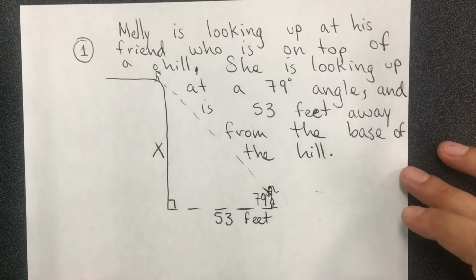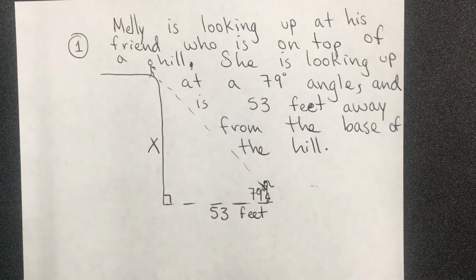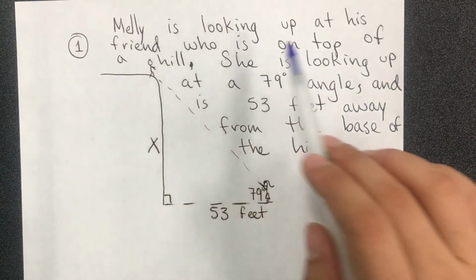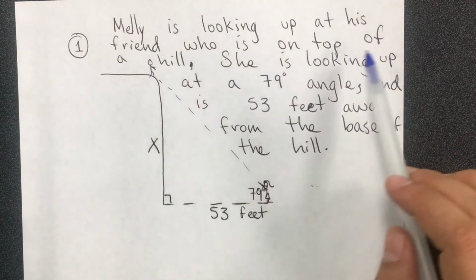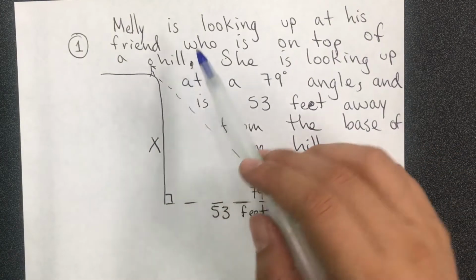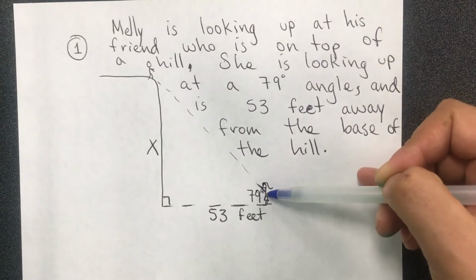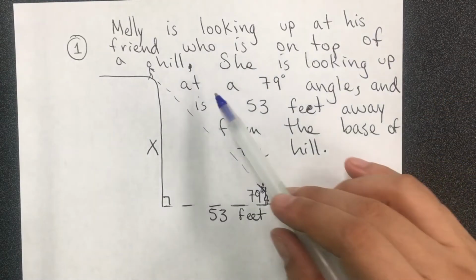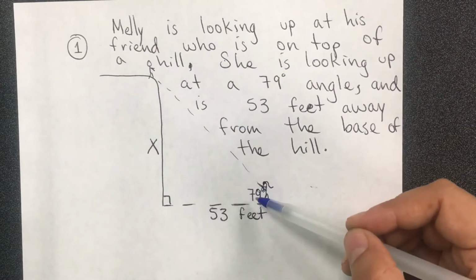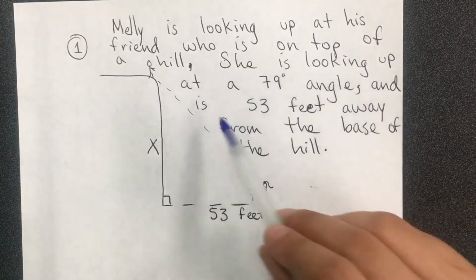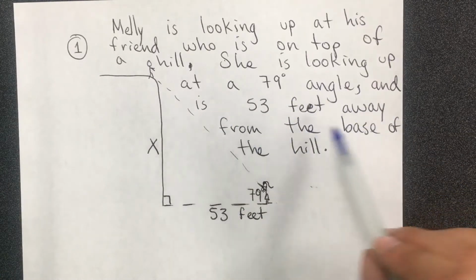Okay, so having that in mind, this is our first exercise. It says, Melly is looking up at her friend who is on top of a hill. This is the friend, this is Melly. She is looking up at a 79-degree angle and is 50 feet away from the base of the cliff.